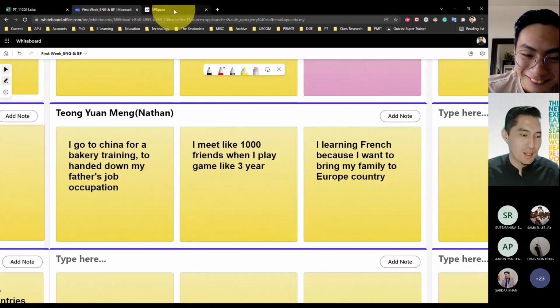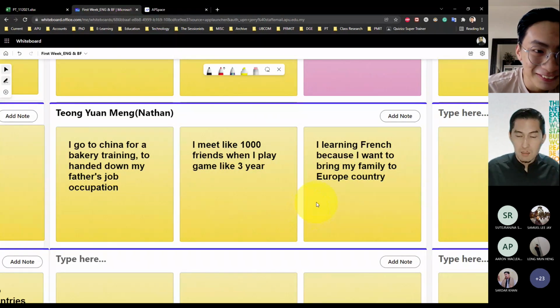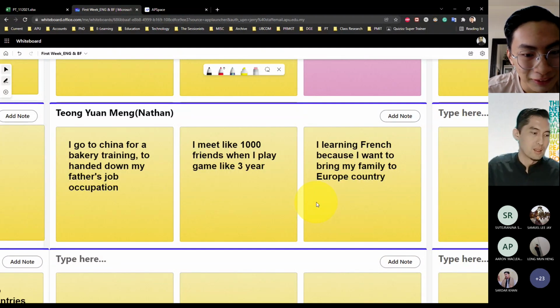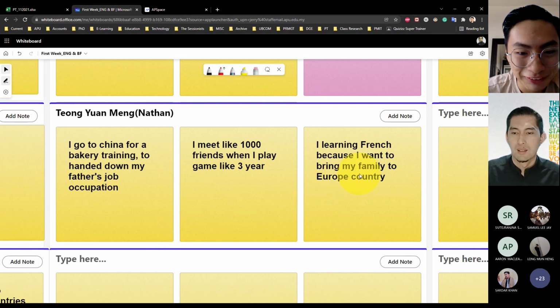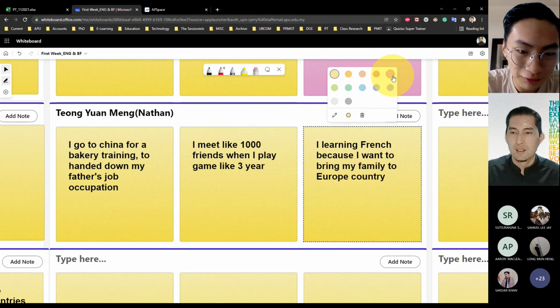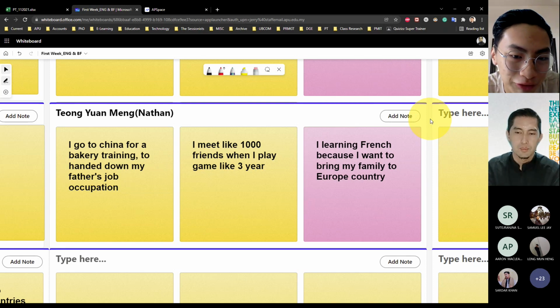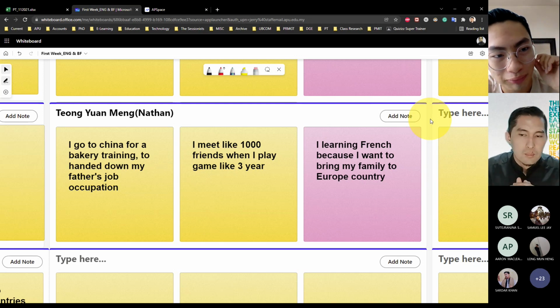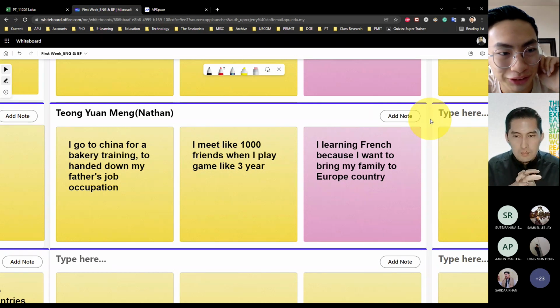Okay, all right. So Yuanming, the third statement looks like it's the majority. So which one is the dream here? Yeah, the third one actually, because I'm still learning the language, because I really want to bring my parents to a European country, so I'm still learning the language.